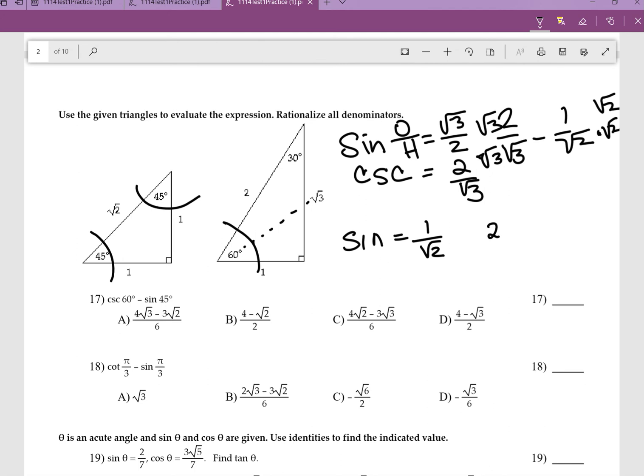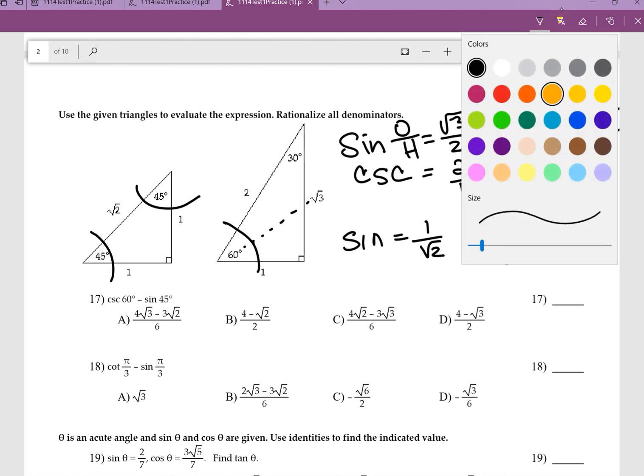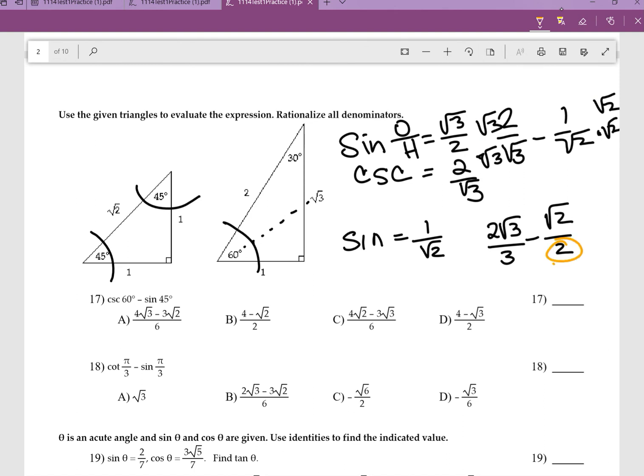So this will become 2 square root of 3 over 3 minus square root of 2 over 2. And now we crisscross the denominators as factors. So we would multiply 2 times this. This gives me 4 square root of 3 minus, again multiply, 3 square root of 2. And again multiply the bottom, 6. And that's your answer choice.